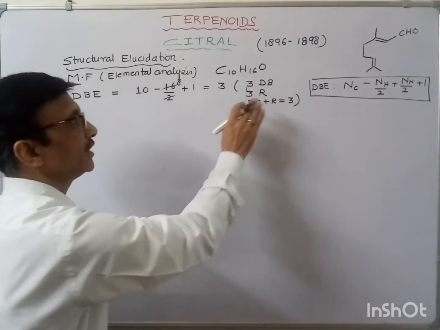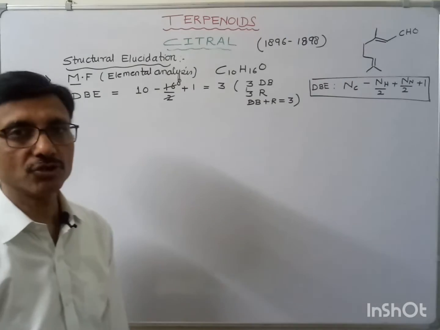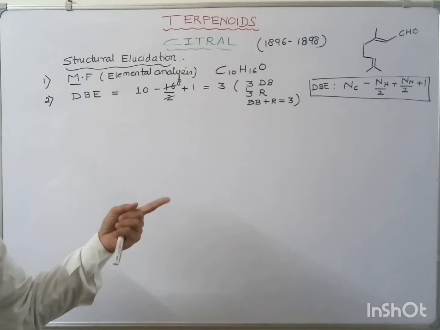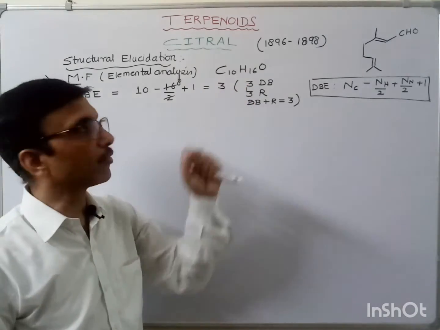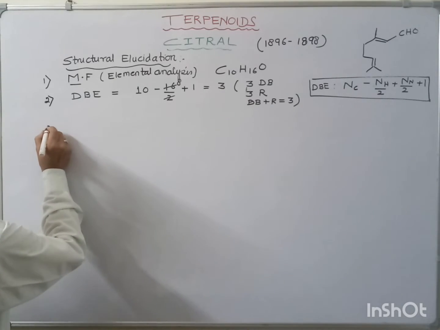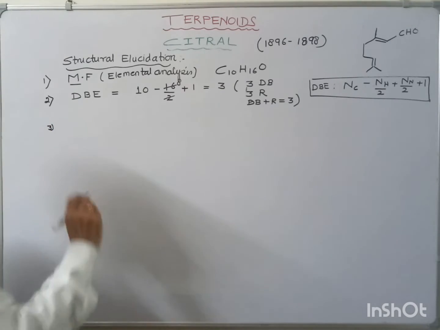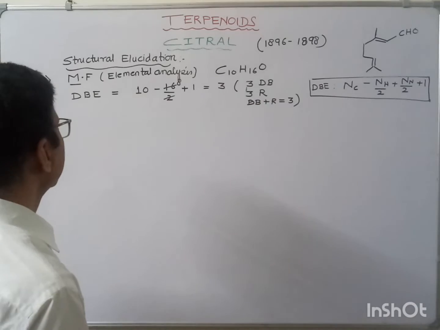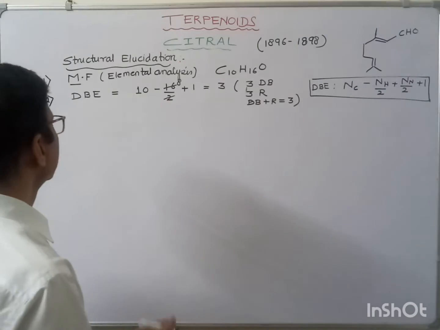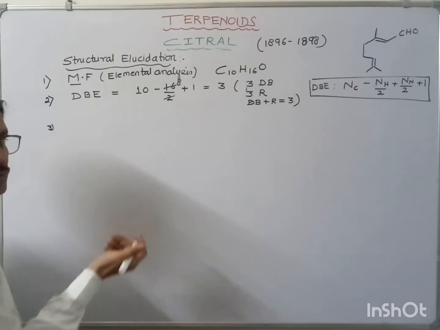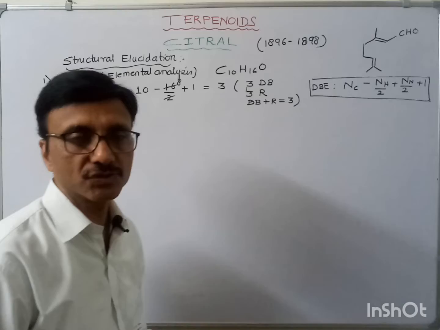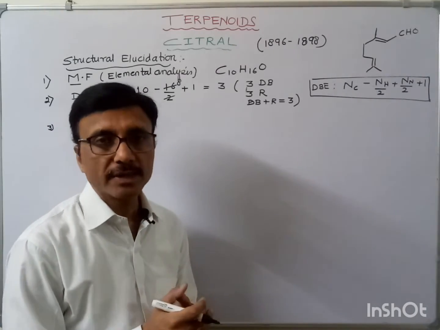Now let's find how many double bonds are present. For this, another experiment was done, that is hydrogenation, using a palladium catalyst, or addition of bromine in CCl4.